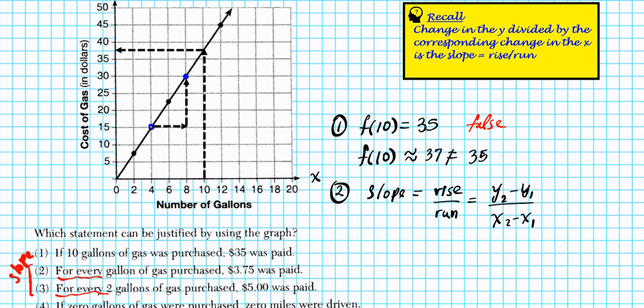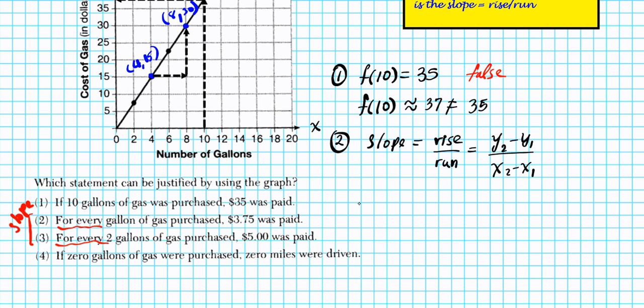This point is (4, 15) and the other point is (8, 30). So the first point is (4, 15), and the second point is (8, 30). Our first point tells us x1 and y1, and our second point tells us x2 and y2.